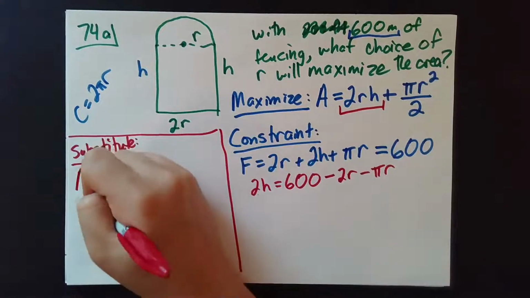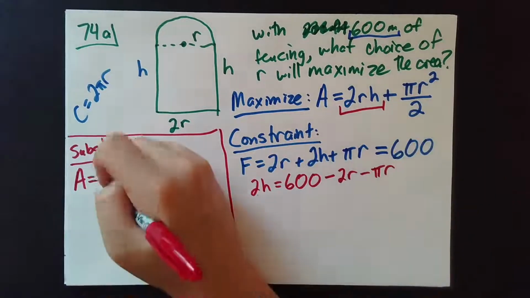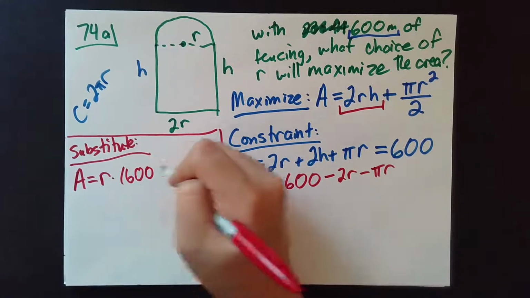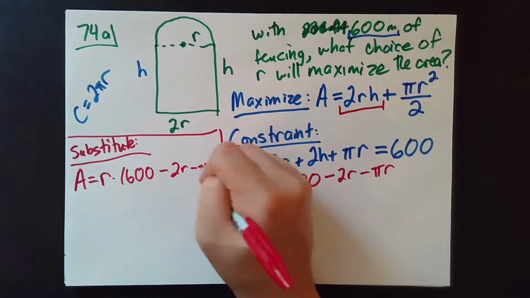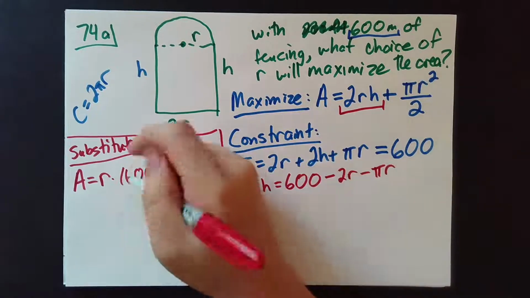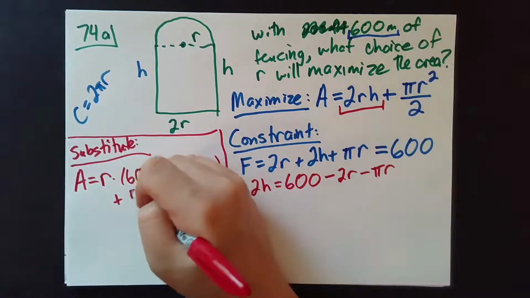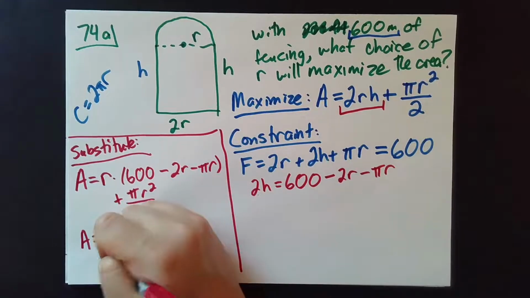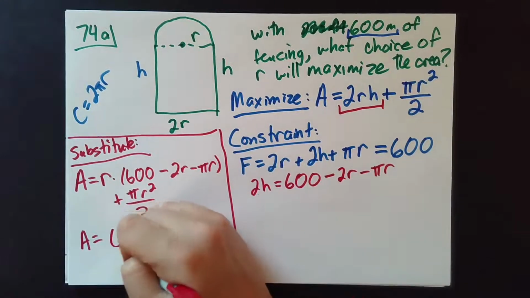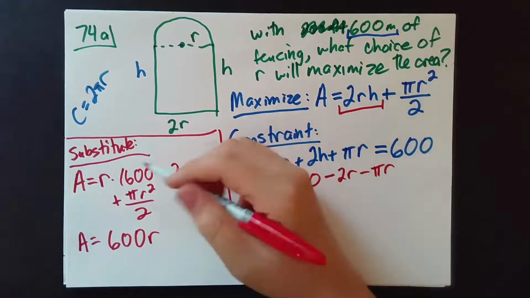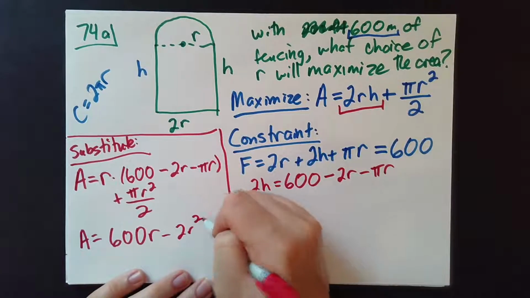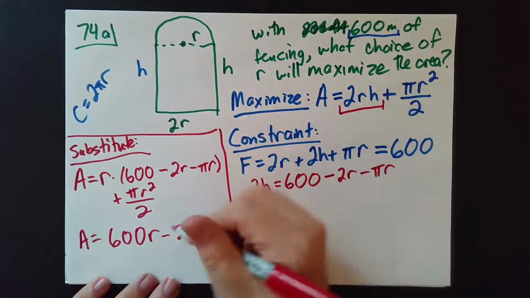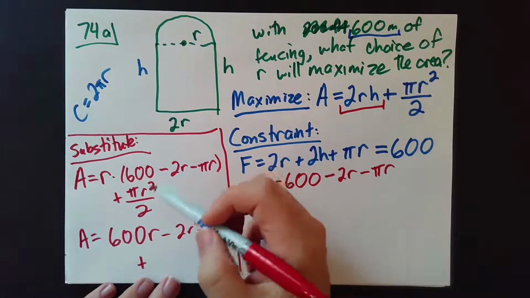So I'm going to get area is r times 2h plus pi r squared over 2. So I can simplify that a bit. So that'll be 600r minus 2r squared minus pi r squared plus pi r squared over 2.